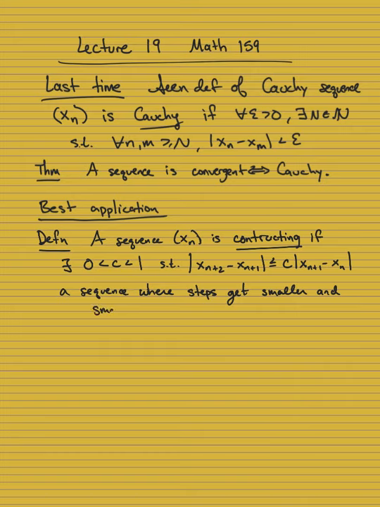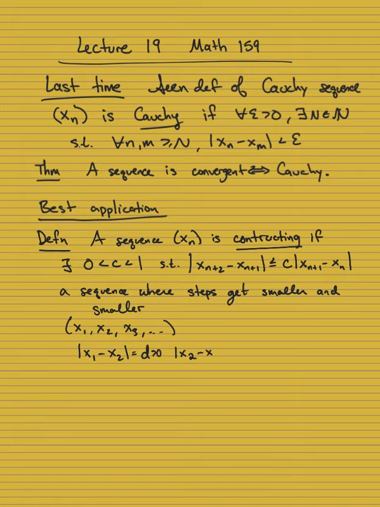Okay, so since c is some number that's less than 1, if I'm looking at x1, x2, x3, and so on, I can take x1 minus x2, which is some real number. Let's just say this is d or something, and this is positive.